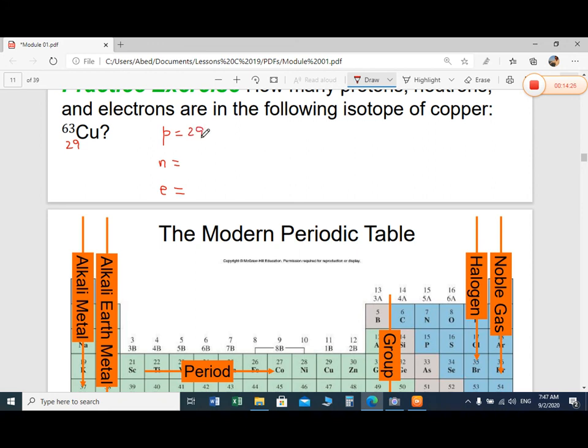Neutrons will be equal to 63 minus 29, that will give you the number of neutrons. And the number of electrons will be equal to the number of protons, because there is no charge, so the number of electrons is the same, 29. So this is the end of our lesson 1, and we will see you in lesson number 2.